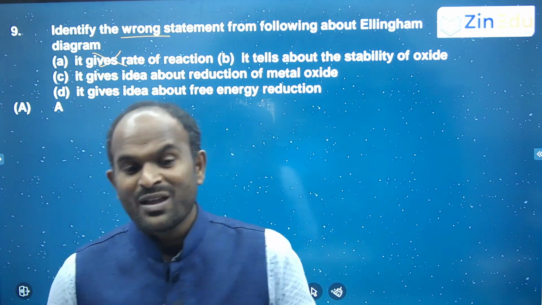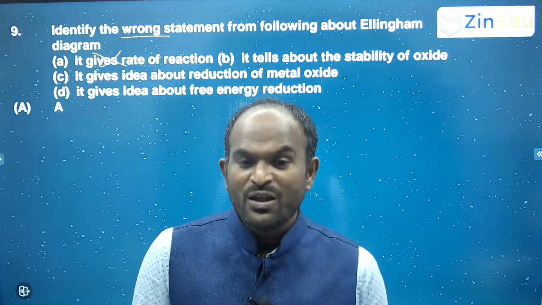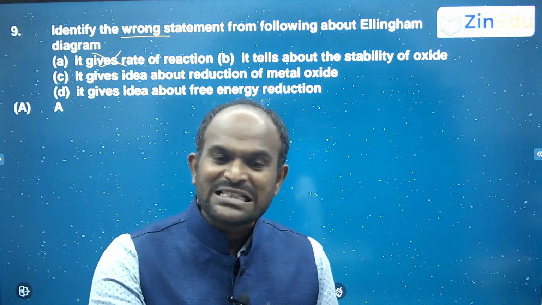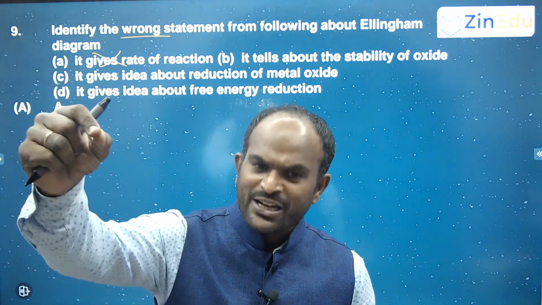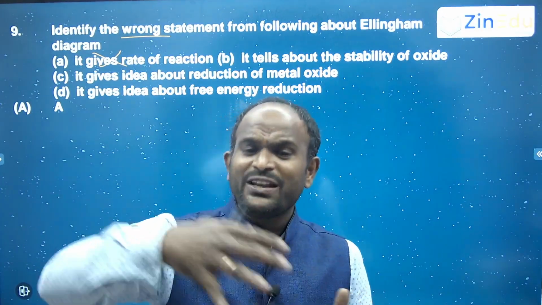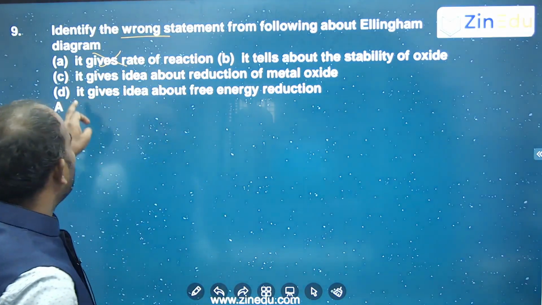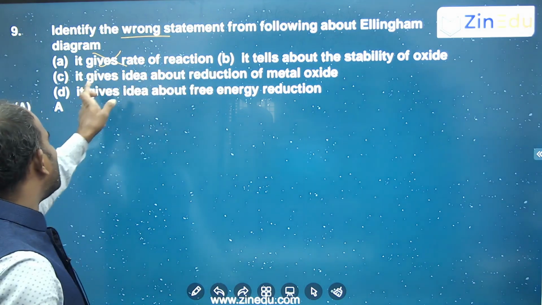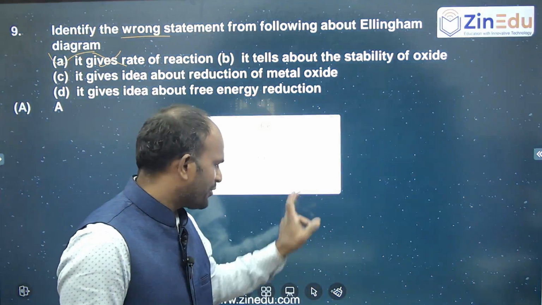Ellingham diagrams can also give information about fusion as well as vaporization, because whenever there is a change in the direction of the graph, the entropy changes, and the free energy change also suddenly changes. So it gives an idea about the free energy of reduction. So B, C as well as D are correct. What is wrong? A is the wrong one. Right? Next.